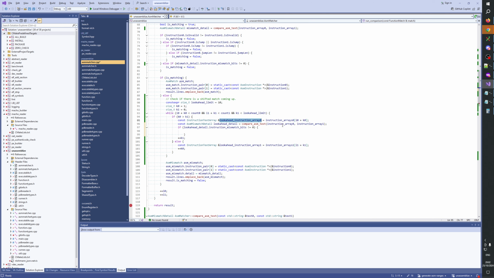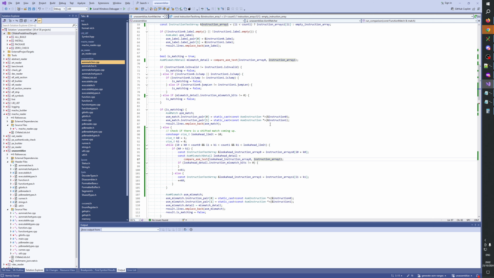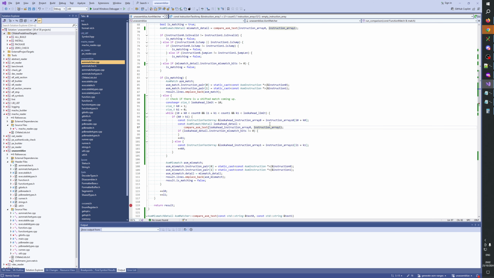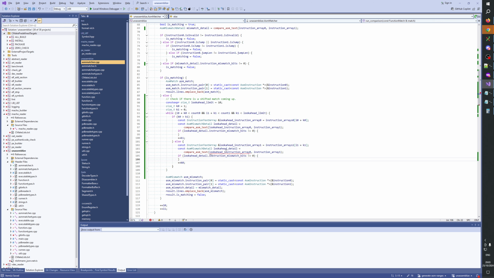Wait, so here it needs to compare instruction look ahead array with instruction array 1. And if it has that, so if it is not mismatching, then we know, let's copy the same here before I start thinking.